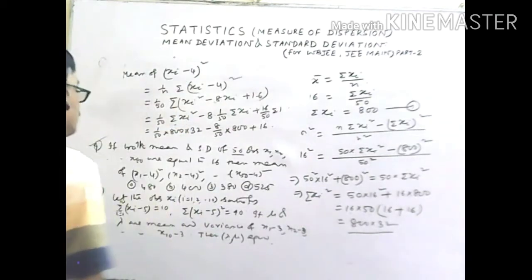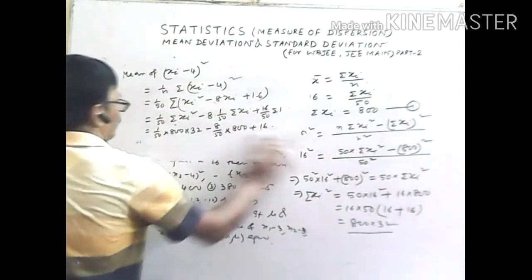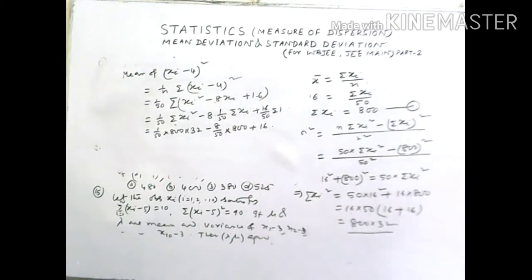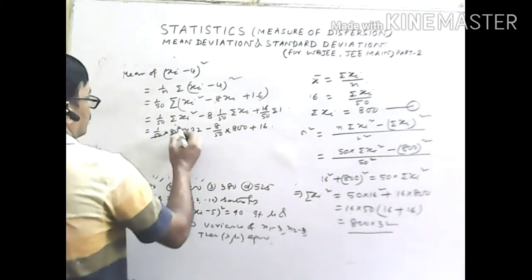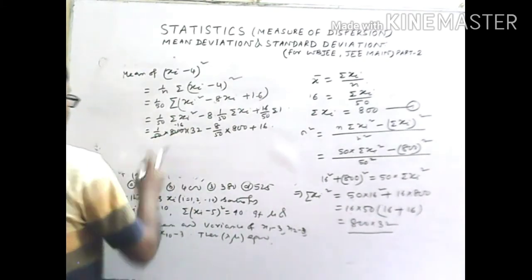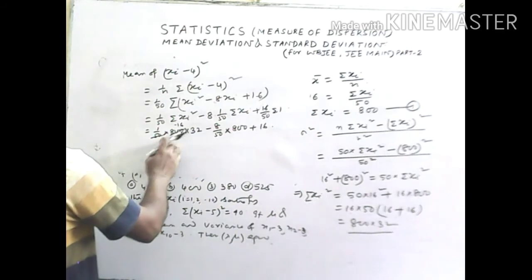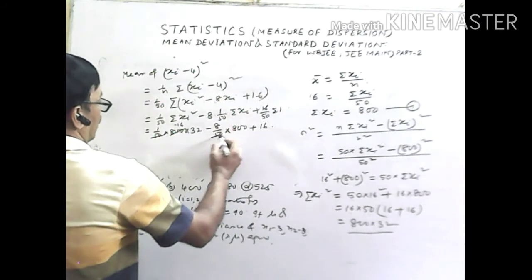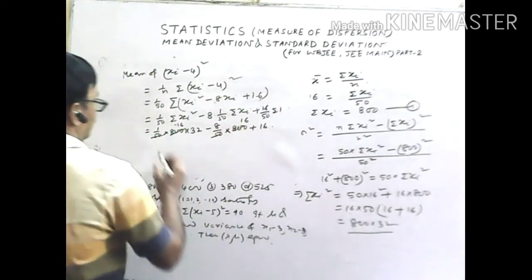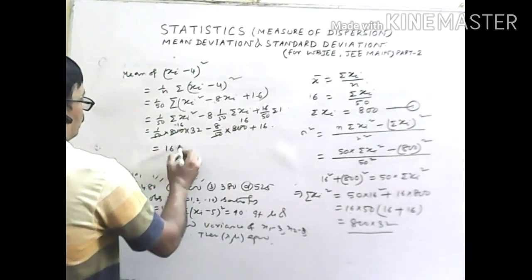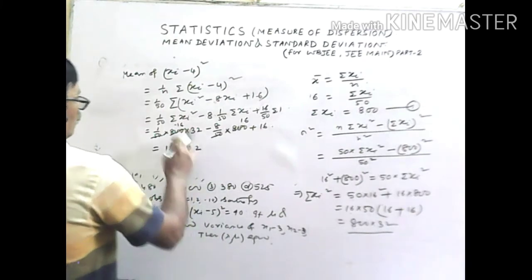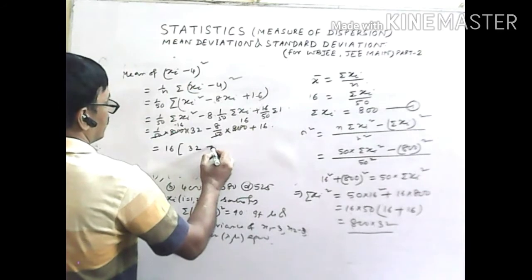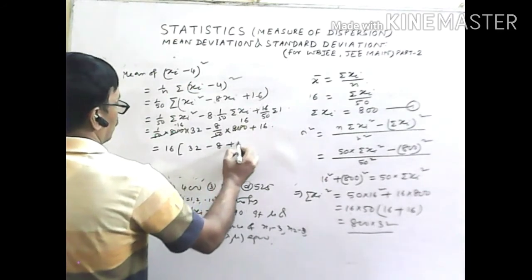Simplifying, we get 16 common: 32 minus 8 plus 1.